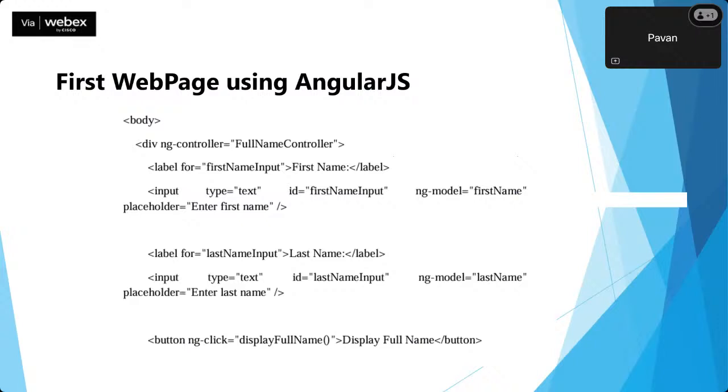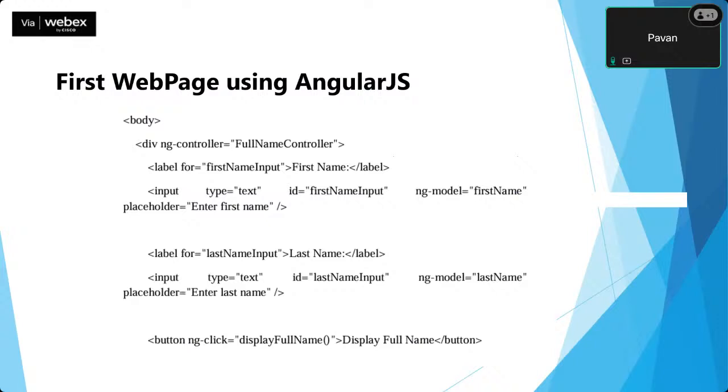When we give the input, it should be connected to some model in the backend. So that's why ng-model is used whose name is first name. When we type the first name, it will be bound to first name, which is further connected to the label first name colon.